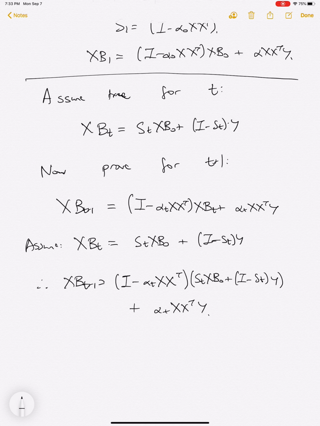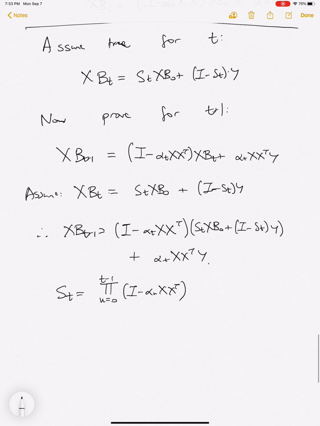Okay, and then remember that S_t by definition is this. It's given by this matrix where you're just multiplying this term. And so we can see that this is the coefficient of x_0.